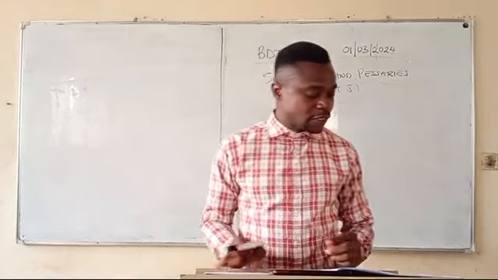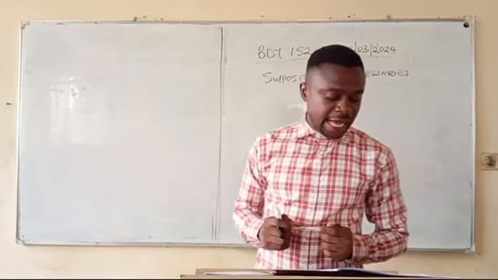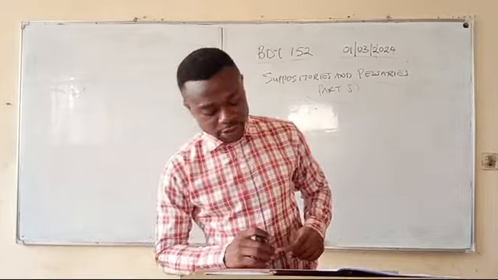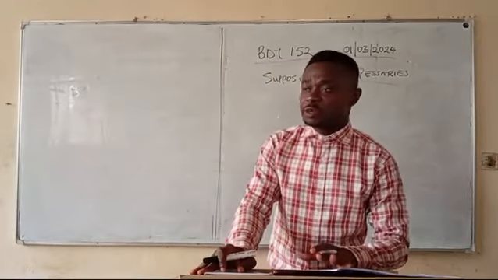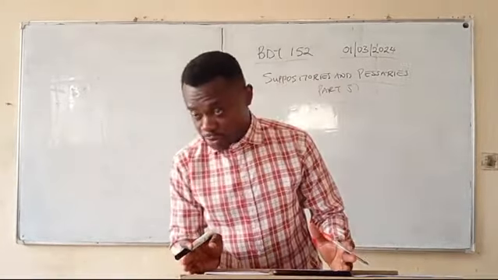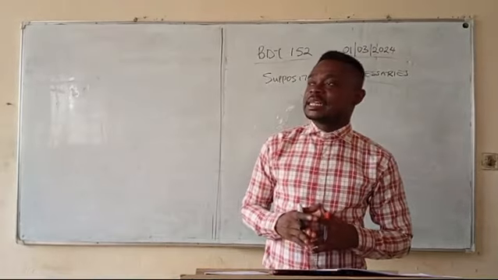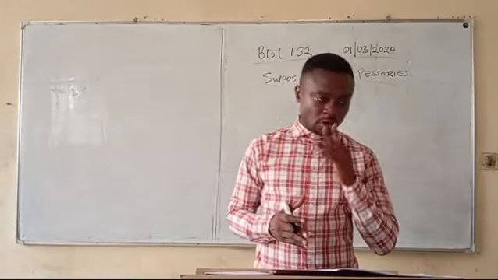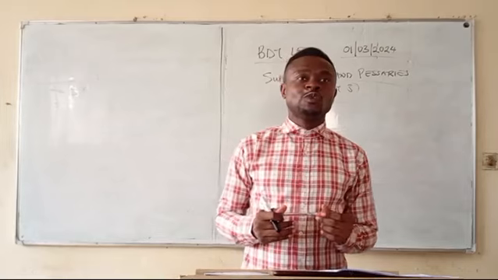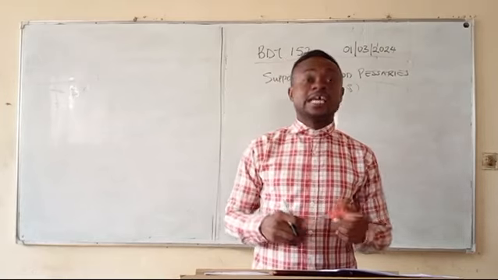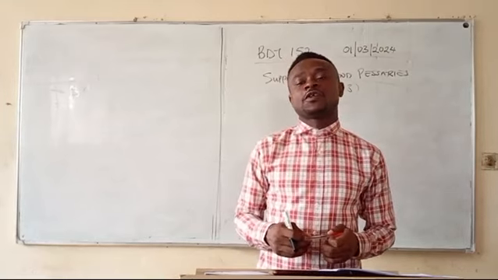Now, let's go over to the origin and chemical composition. By origin, we mean the source. Remember in our last class, when we discussed drugs, we discussed drugs being part of a formulation.